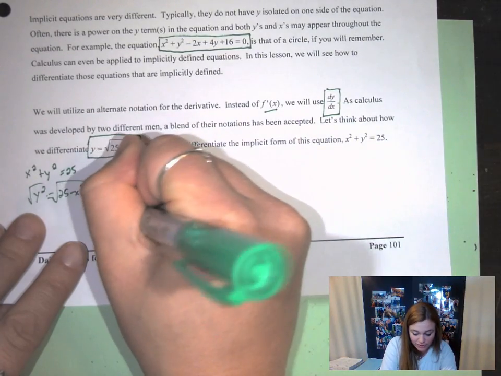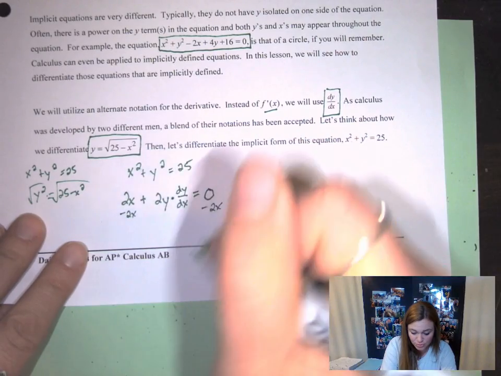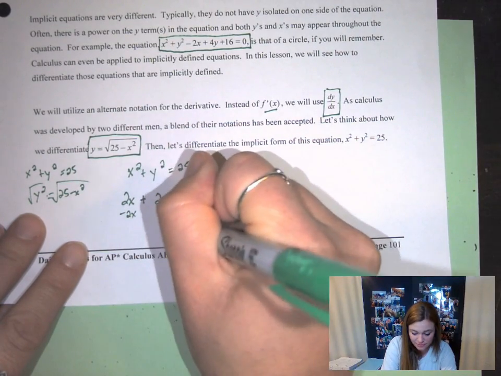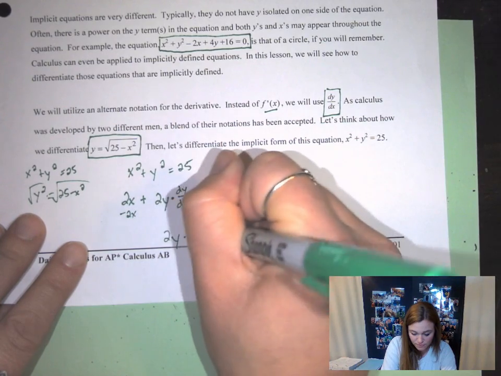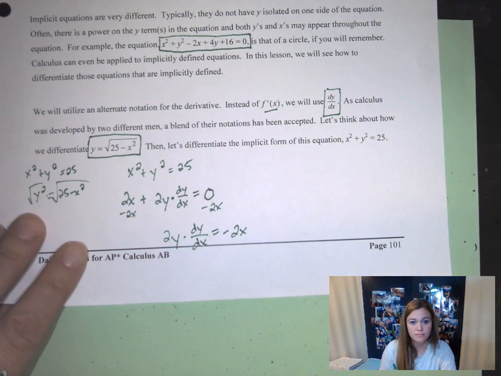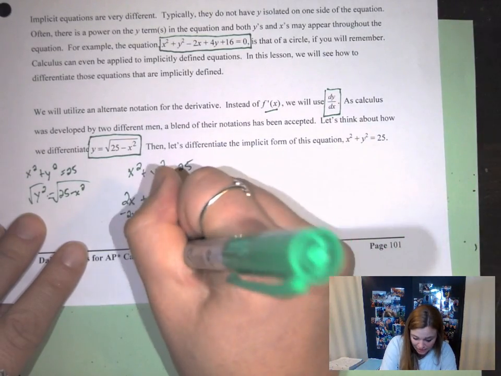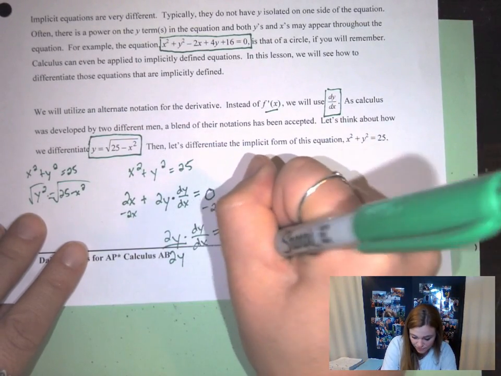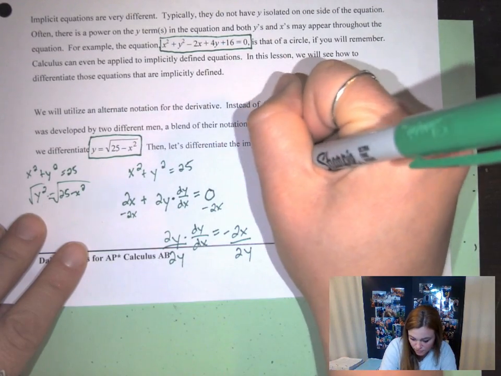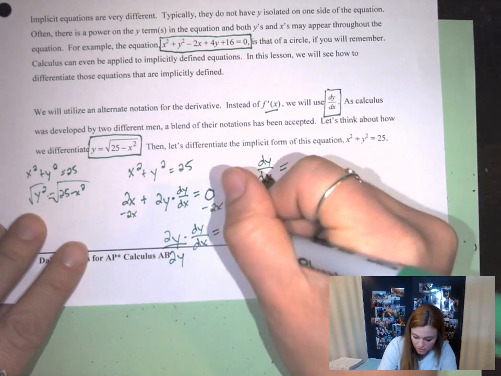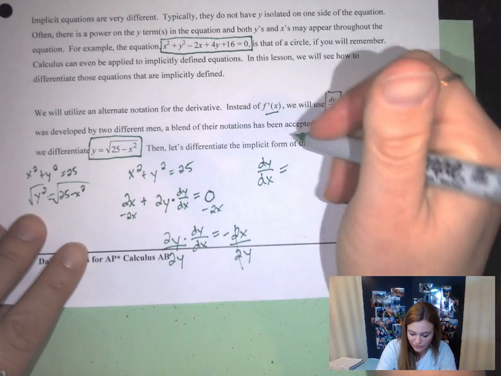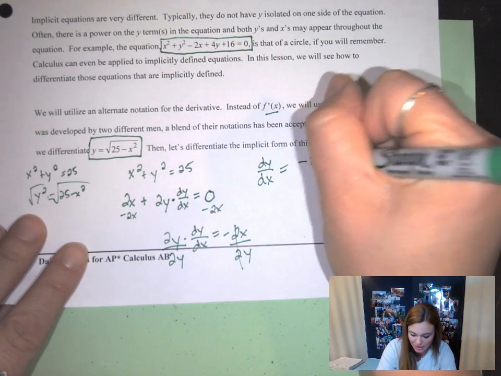So just like you would have in Algebra 1, subtract 2x on both sides. And then I'm going to divide by 2y. And I'm going to say, you know what, this 2 divided by 2 is just 1, so I would have negative x over y.